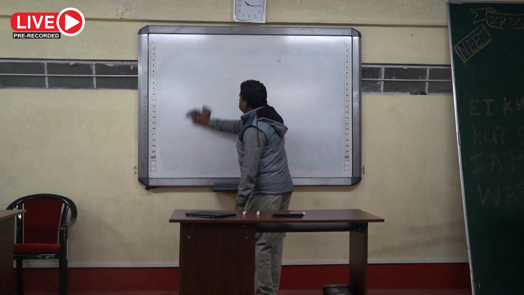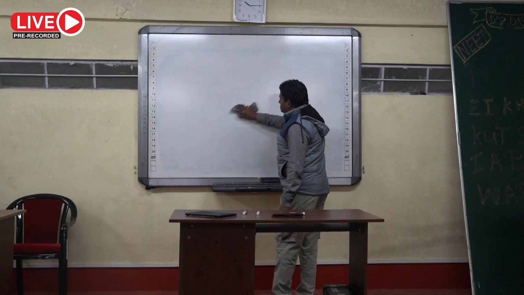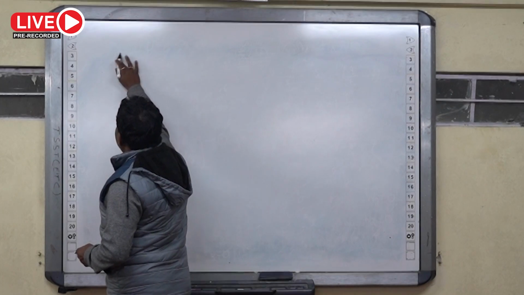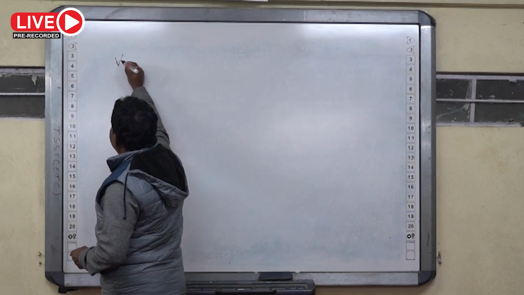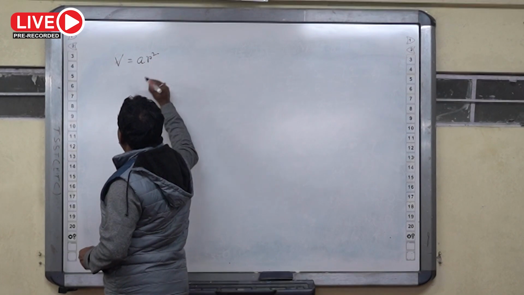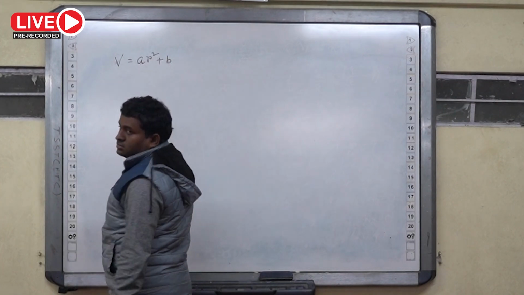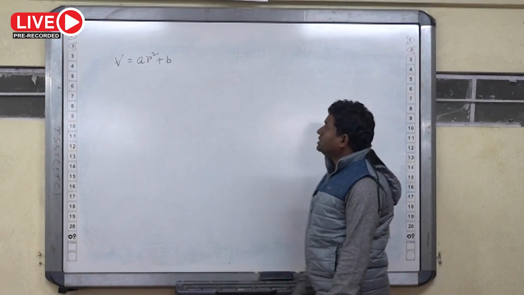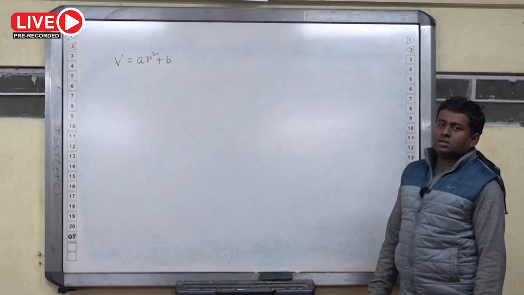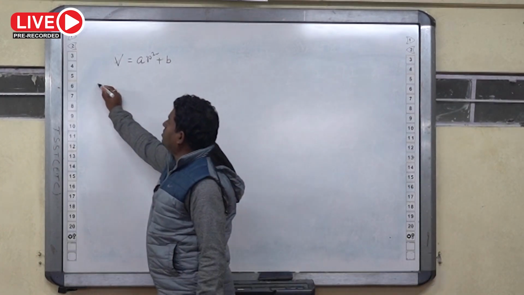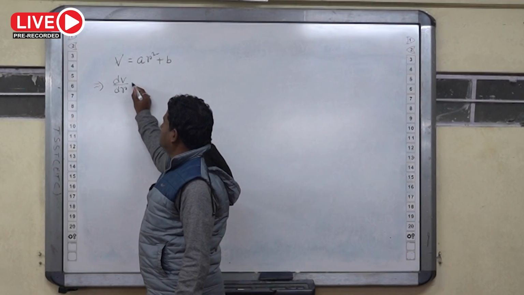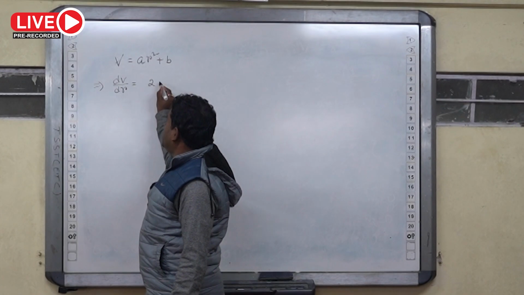See, it is given that potential V equal to A r square plus B. Okay, I denote potential by capital V. So from that calculate the differentiation dV by dr. Then it will be 2Ar.